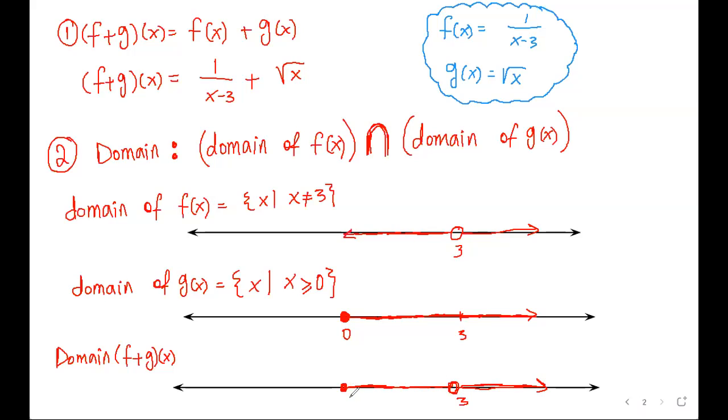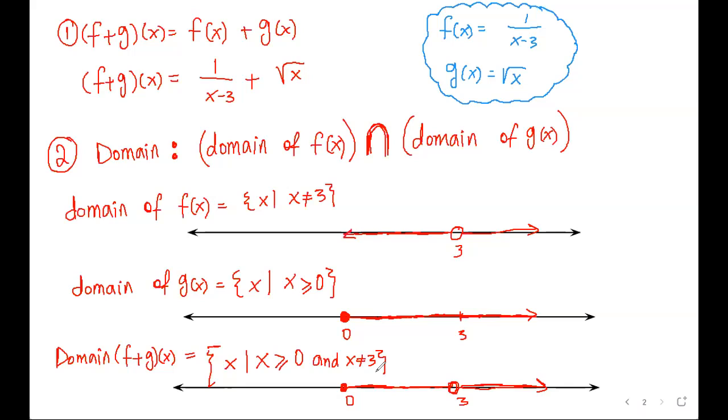So here is 3, here is 0. So the domain would be, not the closed interval, x such that x is greater than or equal to 0, and at the same time x not equal 3.